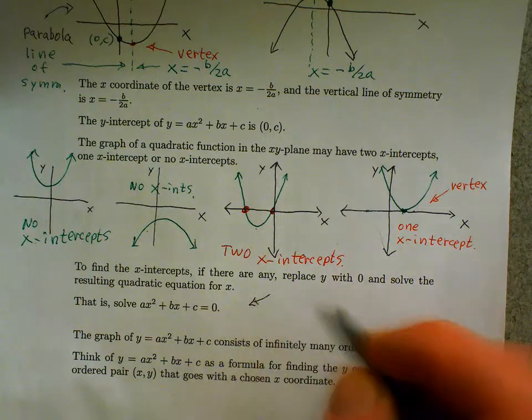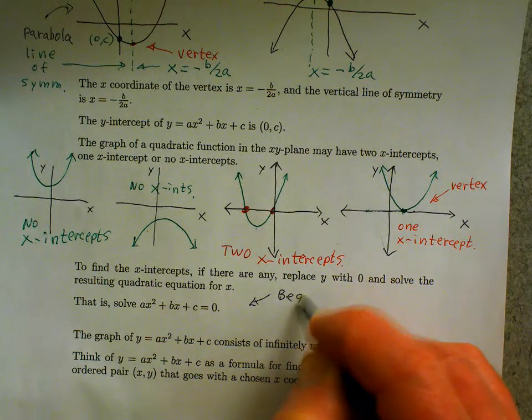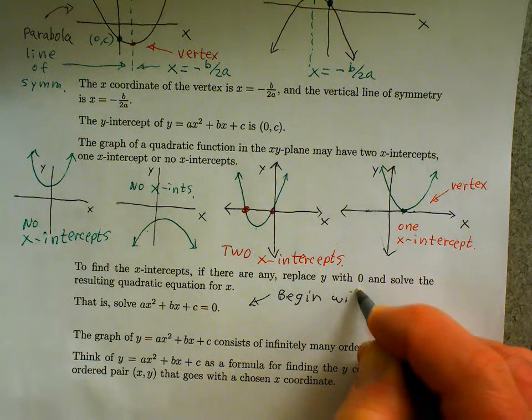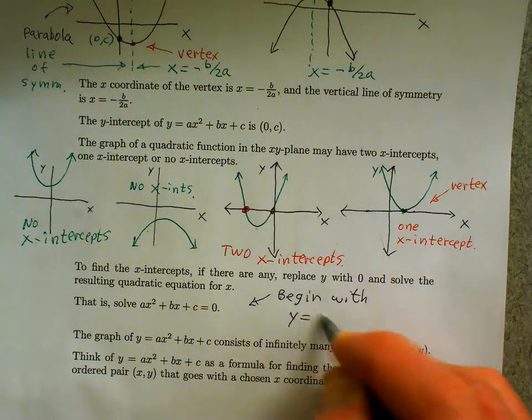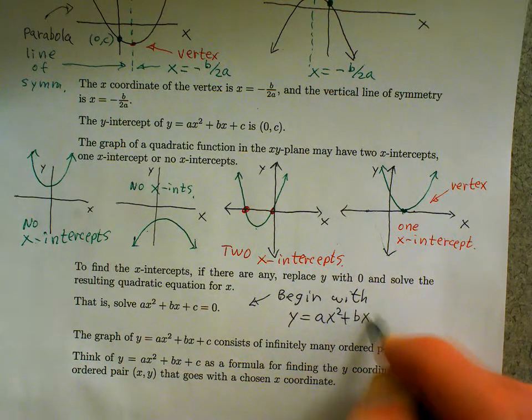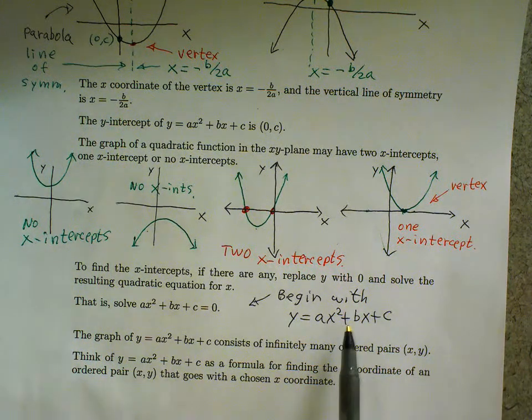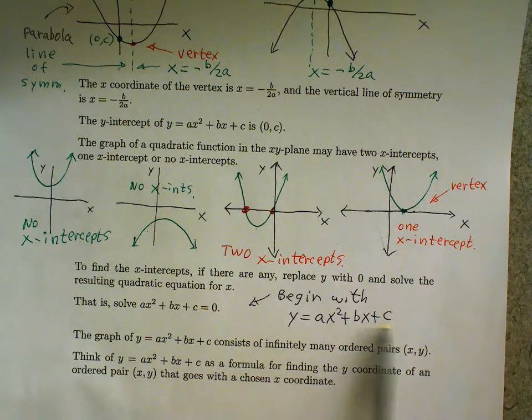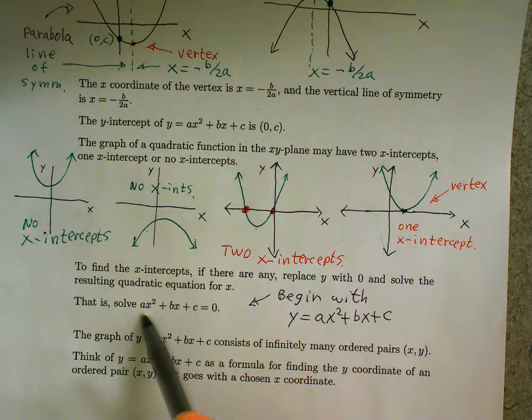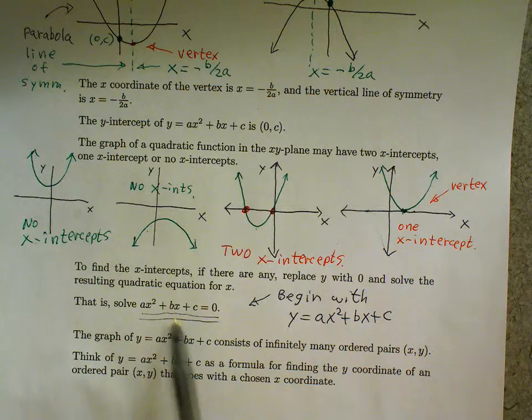So if we begin with the quadratic function y equals ax squared plus bx plus c, to find the x-intercepts, replace y with 0, and then solve the quadratic equation that results. Okay, that's what we spent some time learning how to do for a few days, solving quadratic equations.